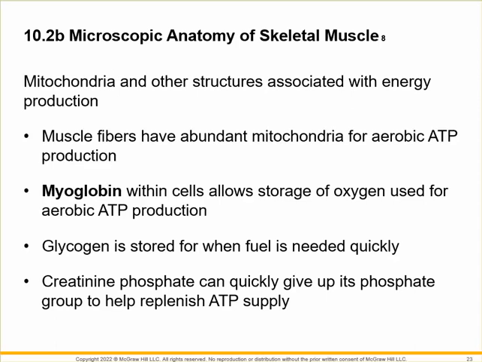And the more myoglobin it stores, the redder and darker the muscle is, making dark meat. We also should store some carbohydrates when fuel is needed quickly. So we store glucose in the form of glycogen within the muscles.